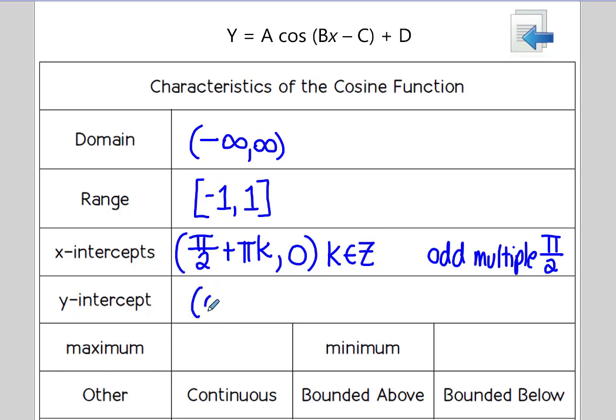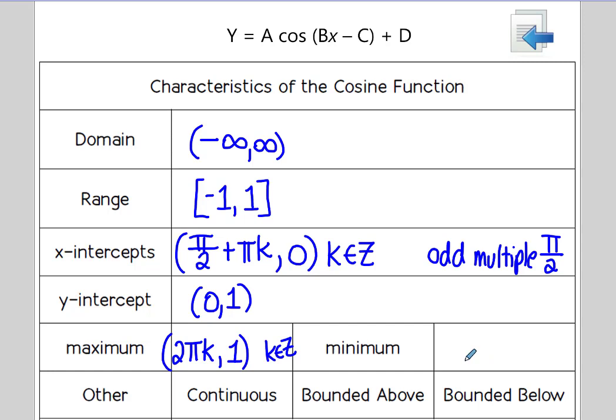The y-intercept was the maximum, that was at 1, and the maximums are going to happen at 0, 2 pi, 4 pi, 6 pi, and so forth. So we have a maximum at every 2 pi times an integer k, and the maximum is at 1 as long as k belongs to the integers.